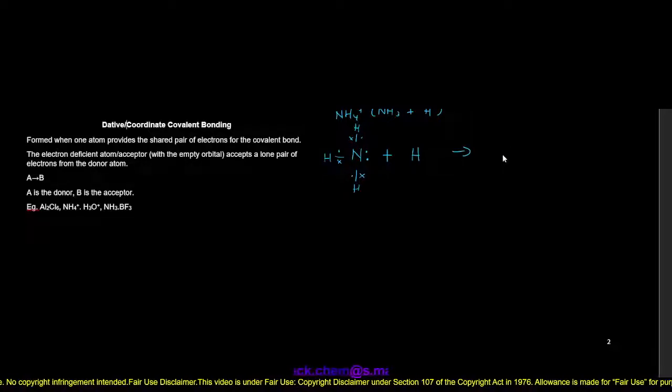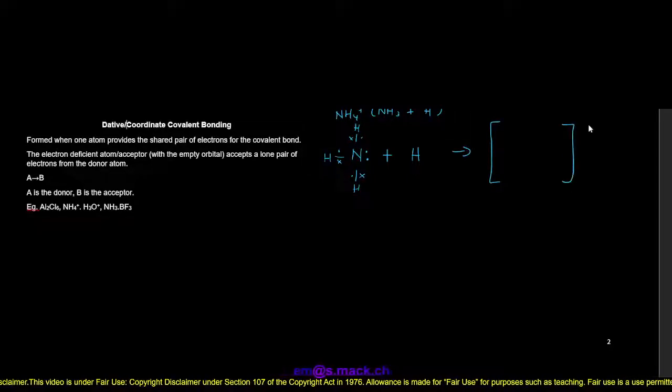When we draw a covalently bonded molecule with an overall charge, we must put it in square brackets, where the charge is written in the upper right hand corner.